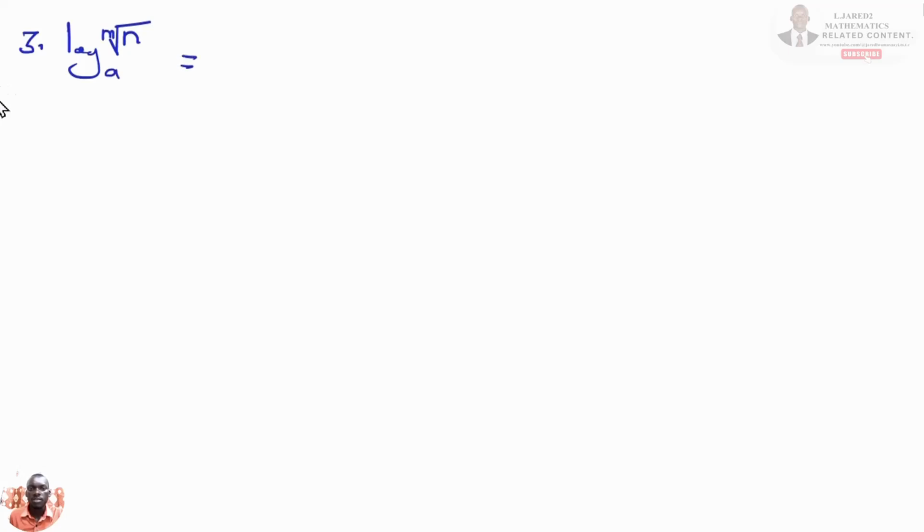This is the same as having the log of n raised to power 1 over m base a. So if this is simplified, it means that it is also the same as having 1 divided by m multiplied by the log of n to base a. So this is also important to note.